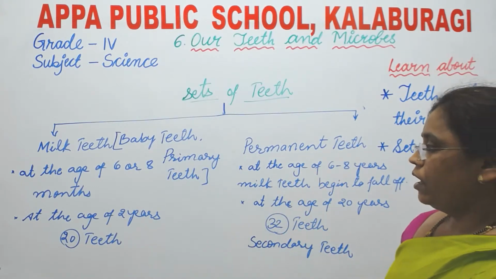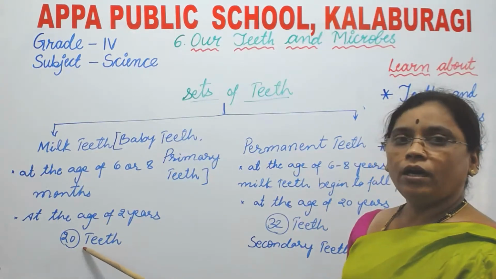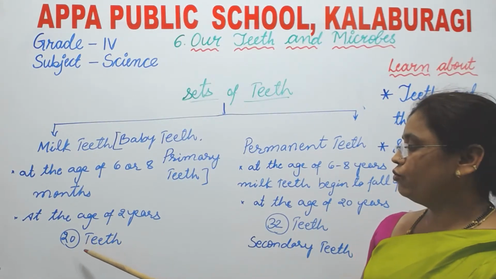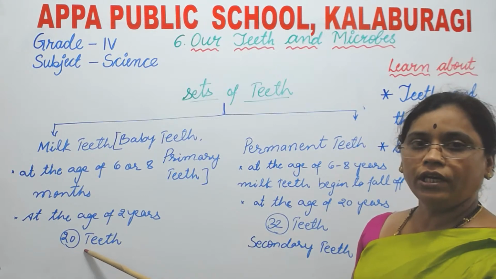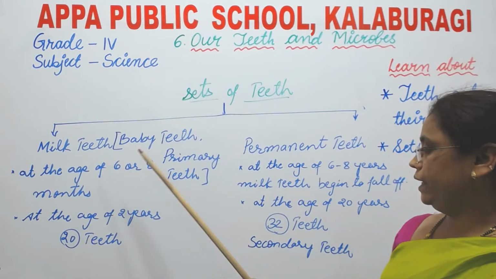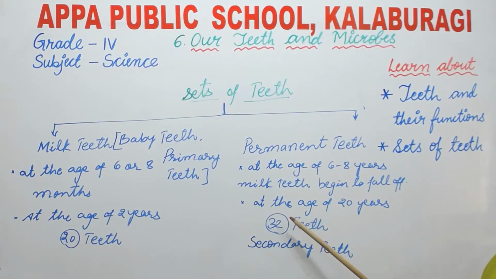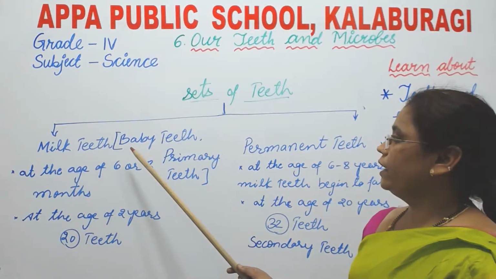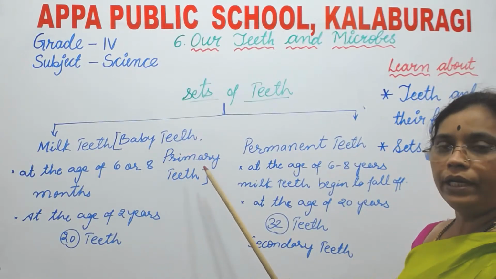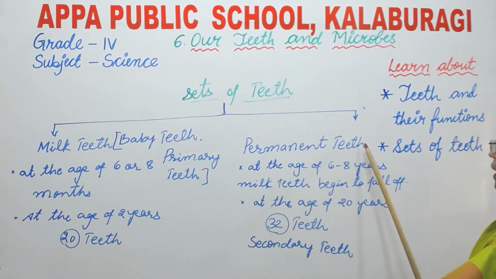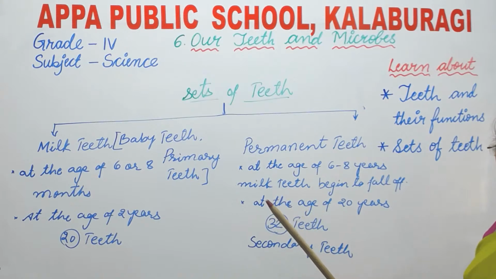Milk teeth are a set of 20 teeth, and permanent teeth include 32 teeth. The milk teeth are called baby teeth or primary teeth, whereas the permanent teeth are called secondary teeth.